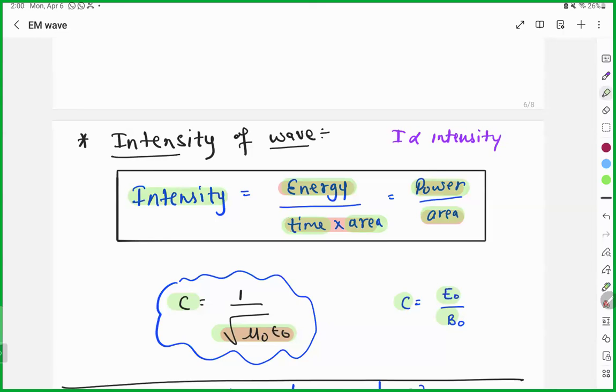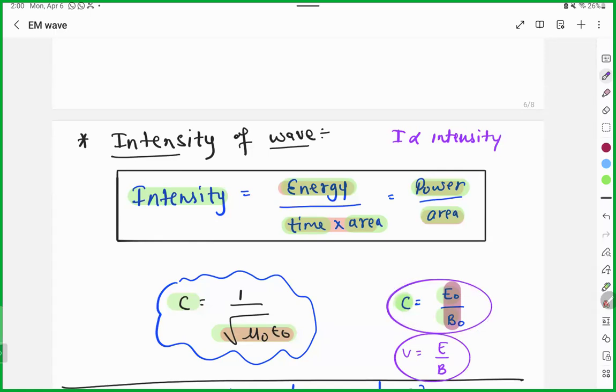Okay, we said speed of light is equal to E naught by B naught, or normal velocity will be equal to E upon B, correct? Normal velocity will be E by B, and speed of light E naught by B naught, maximum value.